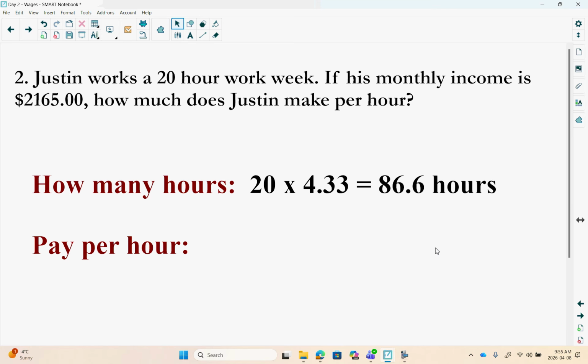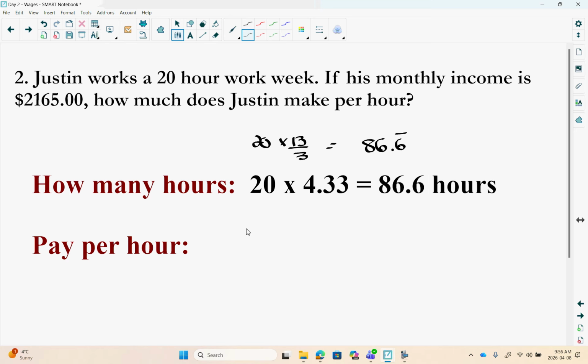Okay, 20 times 4.33 equals 86.6. If you did the 20 times 13 over 3, I would go 20 times 13. That gives me 260 divided by 3. That gives me the 86.6 repeating. Okay? This would be more accurate.